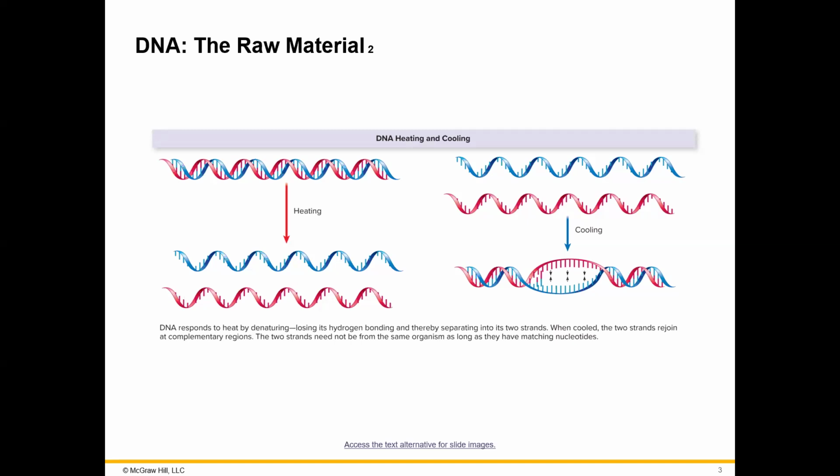Because if we can take your cells out and separate your DNA strands from one another, do something, and then put them back together or create new ones from the separated strands, then that gives us something we can work with in our genetic engineering methods. Okay. So cool. So we know heat can separate.